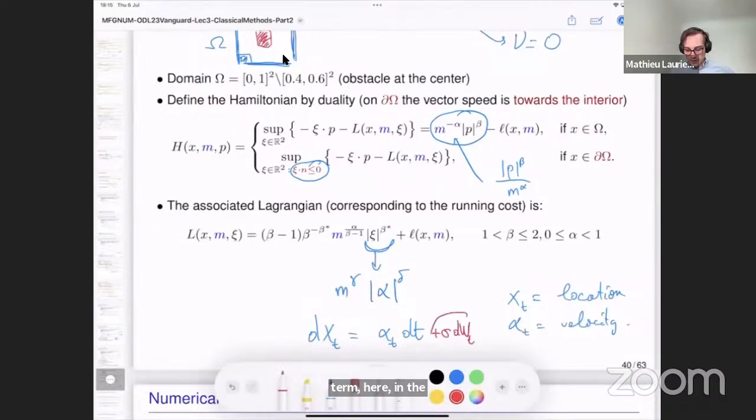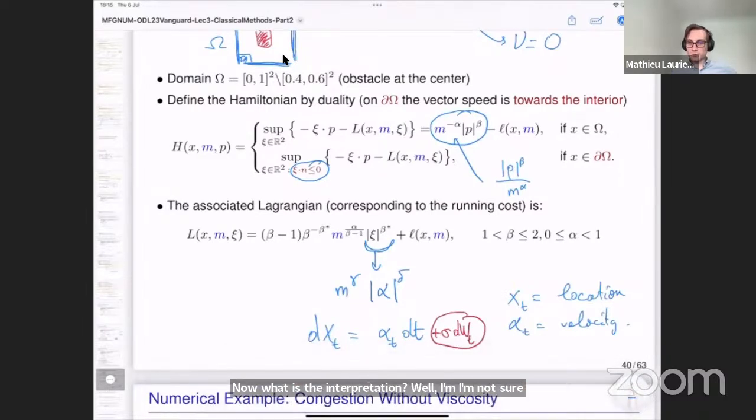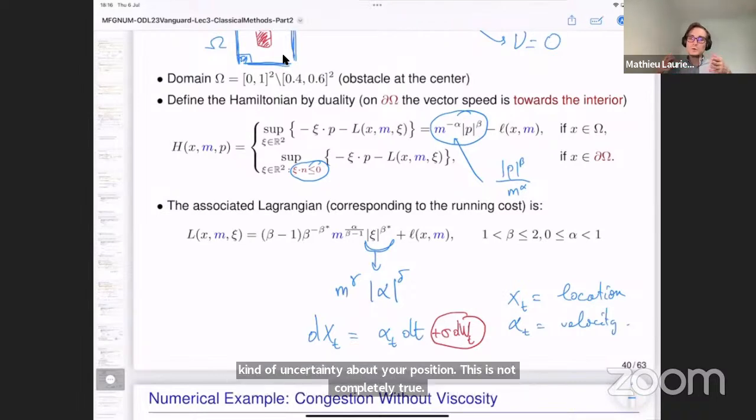Now, what is the interpretation? Well, I'm not sure that for pedestrians there is a very good interpretation. Usually we don't work in a stochastic way, maybe in some situations, but it's not very common. But we could imagine two explanations. One could be that when you are in a crowd, maybe you are pushed a little bit by people around you. Another explanation could be that it represents some uncertainty about how you control your velocity.